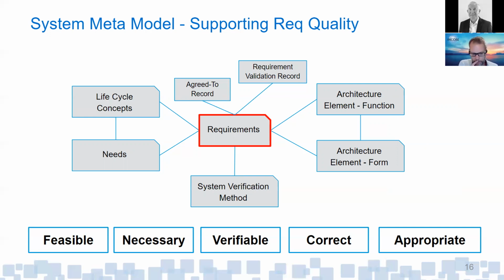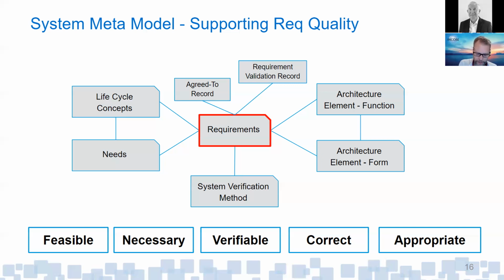So now let's take these. If you remember from the first analysis, with requirements taken separately, there were 5 characteristics that we were not able to hit. Let's see what we can do here when we have traceability to other artifacts. So what about feasible?